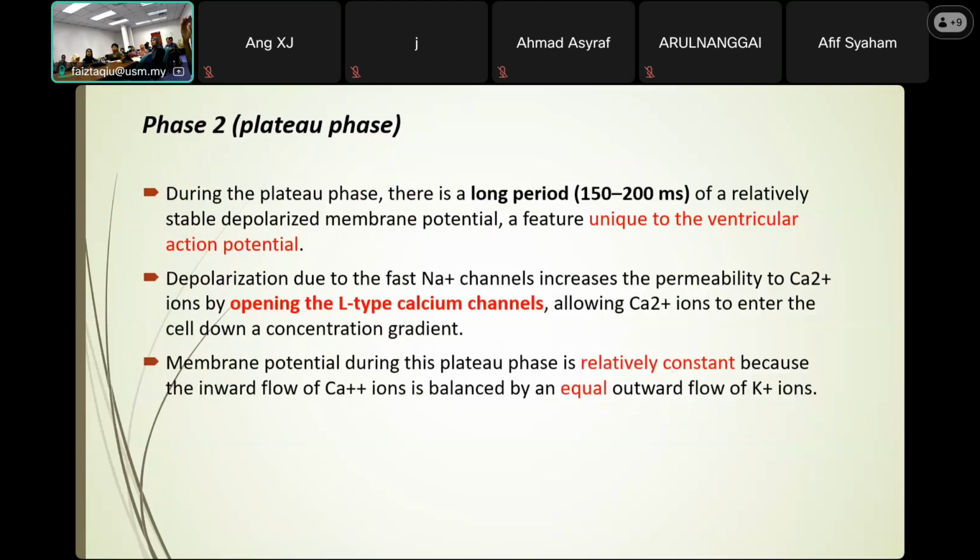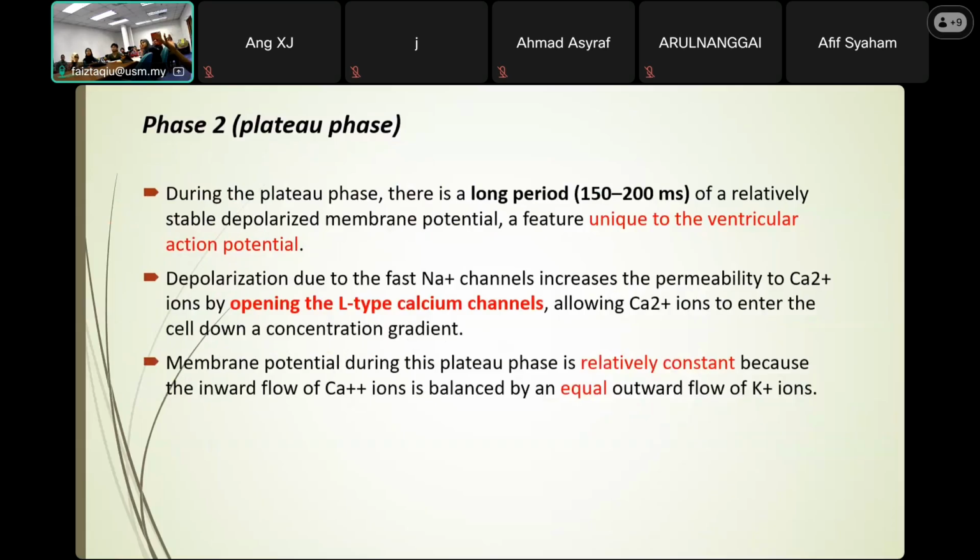Now, this plateau phase is that way because there's increased permeability to calcium, with the opening of the L-type calcium channels. All right, so there's a permeability to the calcium ions, allowing calcium influx into the cell down its concentration gradient.